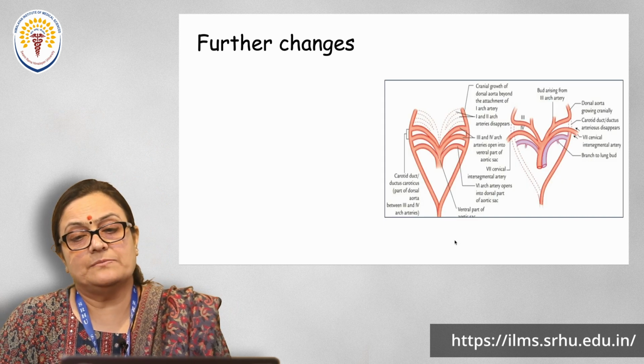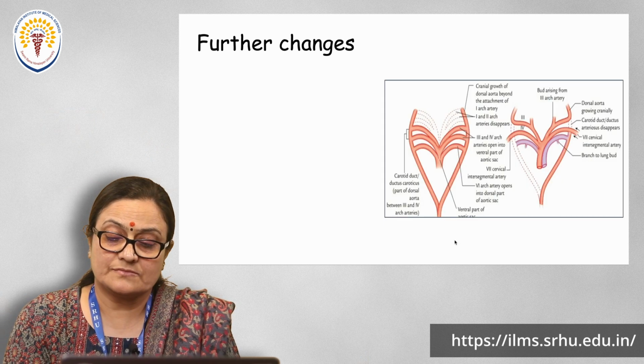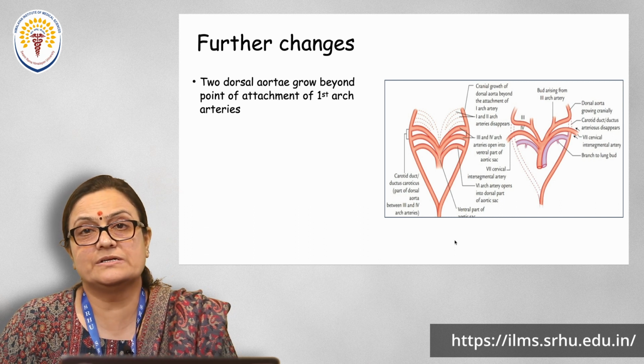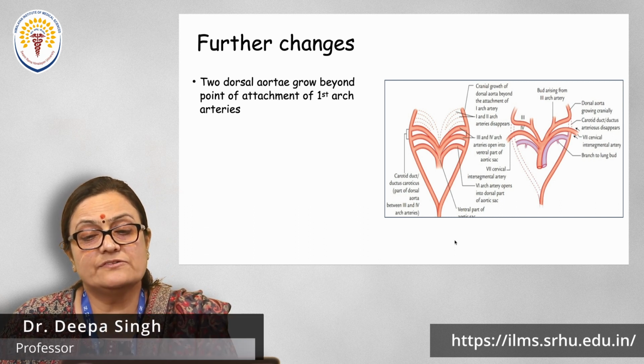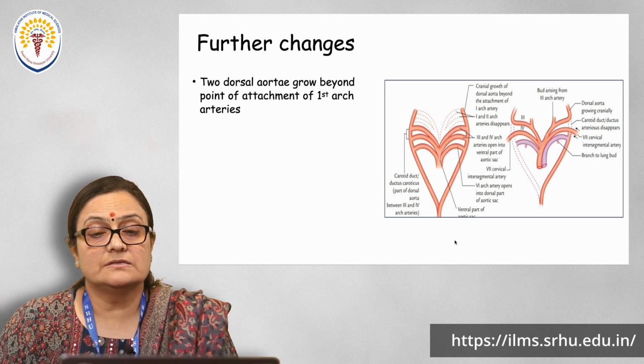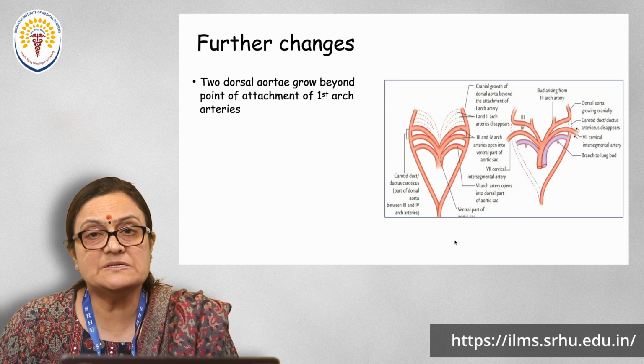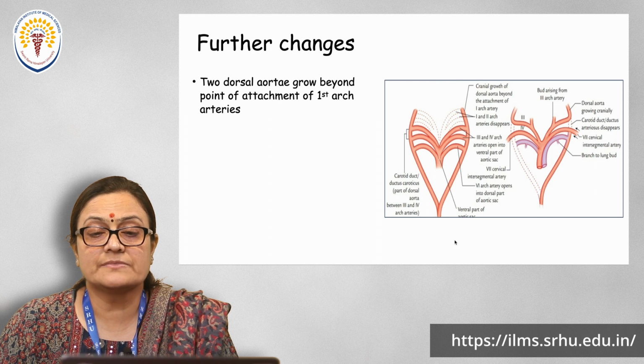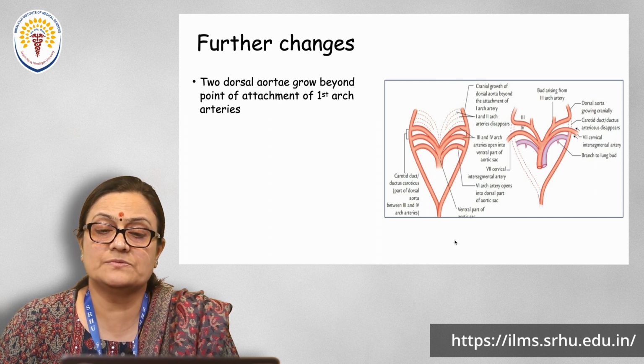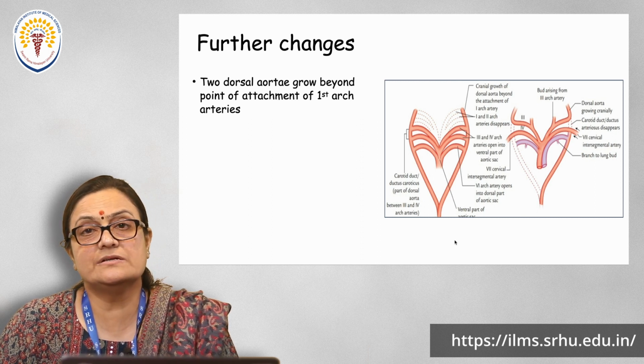Now, let us see what happens. Further changes. The first step is important. As you can see in the figure, the first figure shows dotted lines. These dotted lines show that major parts of the first artery and the second artery have disappeared, and we know the remnants now.